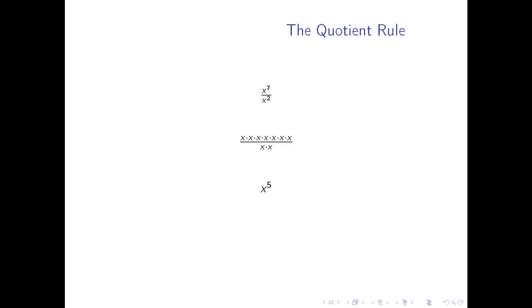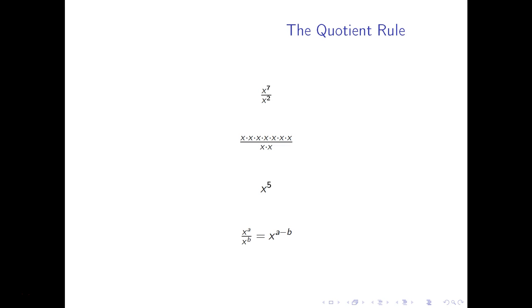So if we're dividing, which is the opposite of multiplying, what's the opposite of adding? You're thinking subtracting. So the rule is if I'm dividing two things that have the same base, that's really critical, by the way, this thing is called the base, and this is the exponent. If the bases are not the same, these rules don't work. So they have to have the same base. Then I get to go ahead and subtract the exponents.